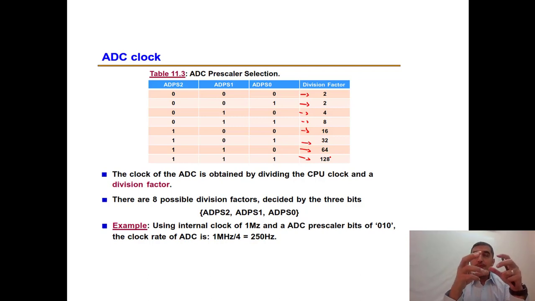This will give you some freedom because most of the time your analog value is not changing that fast. So you don't want to read the value every 5 microseconds. You may want to read it every 4 milliseconds. So that's why we do the prescaler part, to control how many samples we are going to take per second.